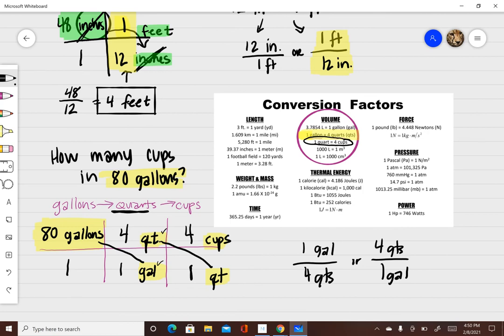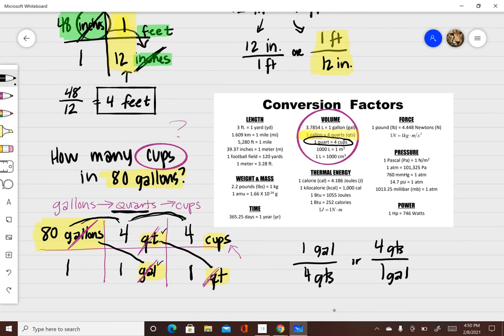Okay. When I solve for this, every number is on the top. And I want to make sure, again, confirm before I move on, that I properly set this up. So I'm crossing out gallons, I'm crossing out my quarts, and I'm going to end up with cups, just like my problem was asking in the beginning. So I know that I've set this up correctly. When I solve this, all my values are on the top.